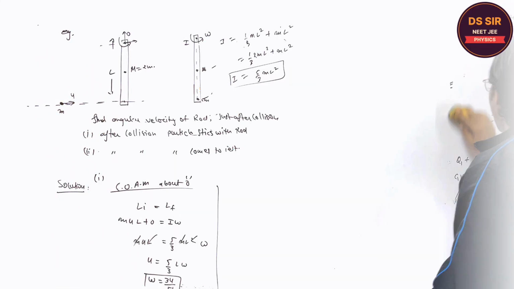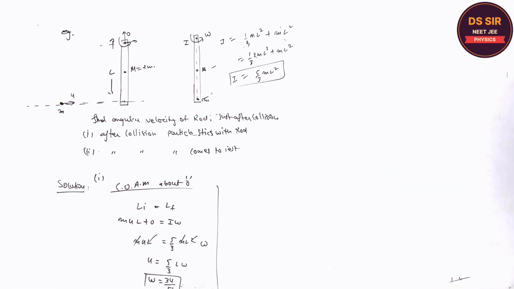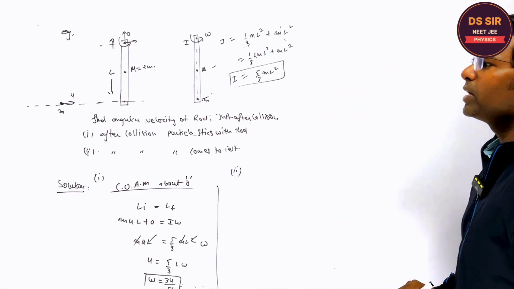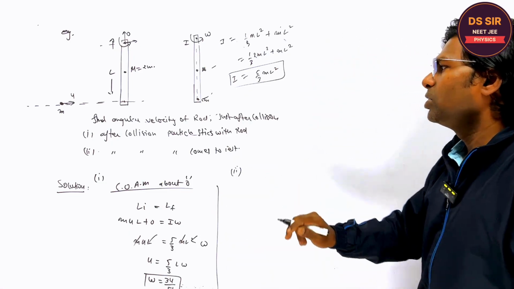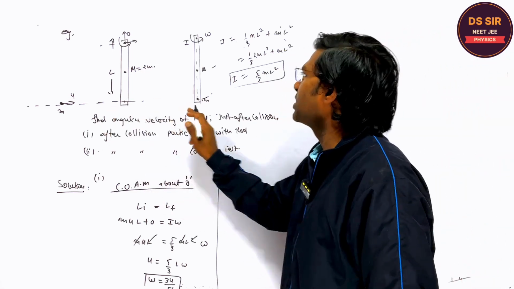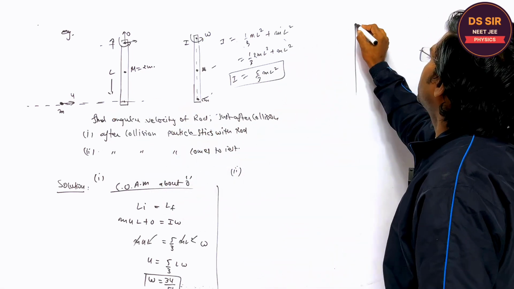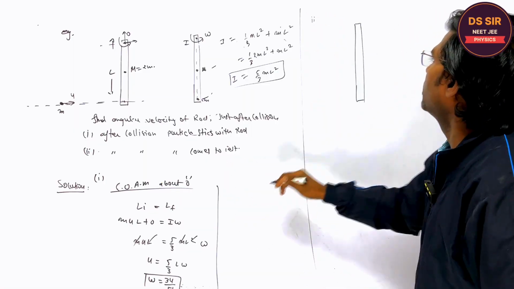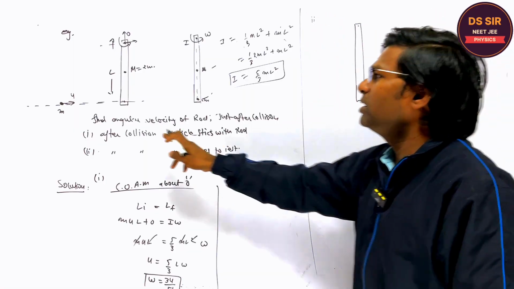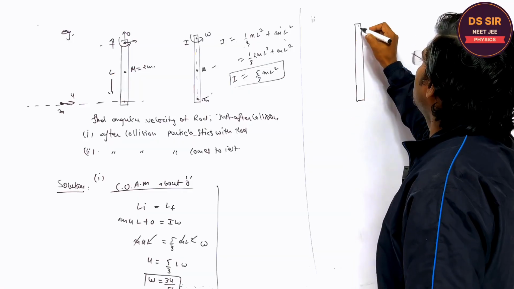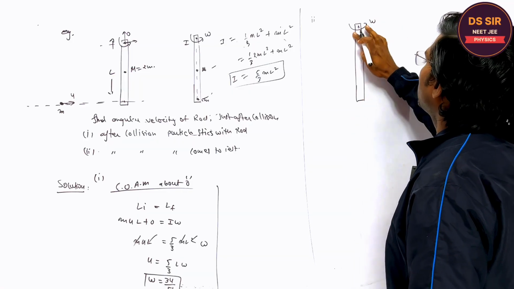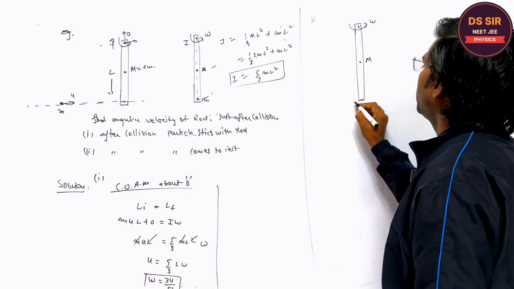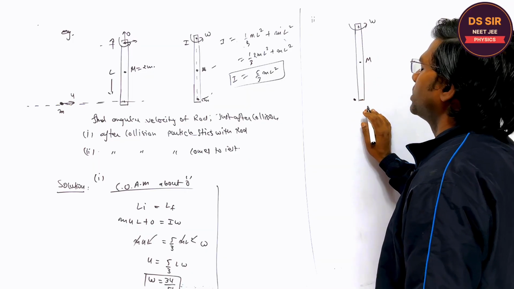Copy this. Now in the second case, the particle comes to rest after collision, and the collision is perfectly elastic. Initially it is coming, and after collision the rod acquires angular velocity omega dash and the particle comes to rest.